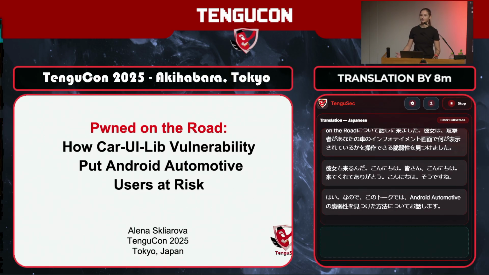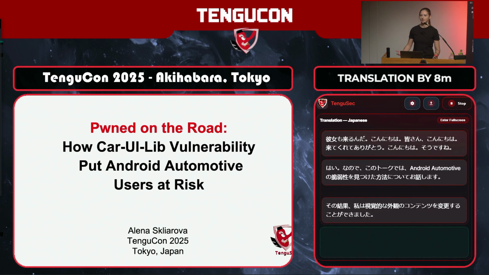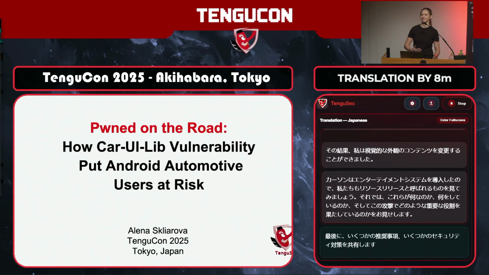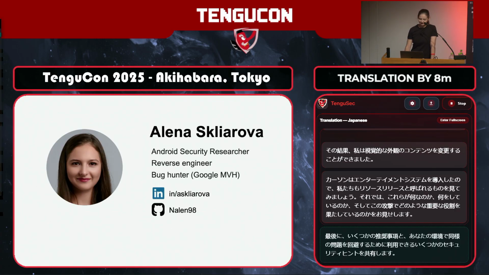We'll also take a look at something called resource overlays. I'm going to show you what they are, what they do, what their purpose is, and the key role they play in this attack. At the end, I'll share some recommendations, some security tips you can use to avoid similar issues in your products. This is one of my most easygoing talks, so enjoy.